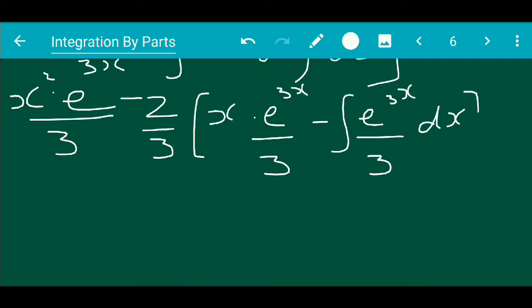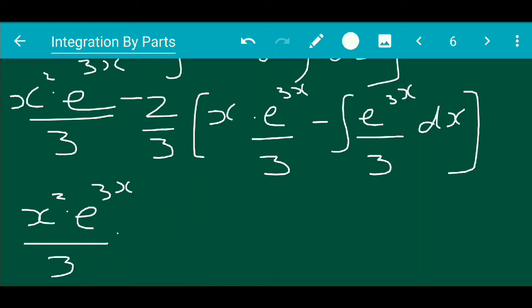You know that one more step is there to complete the sum. So we get x square into e raised to 3x upon 3 minus 2 upon 3 taken common.